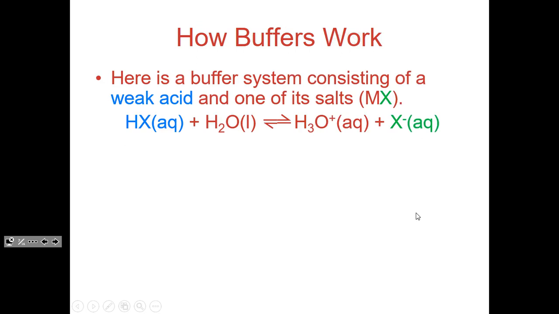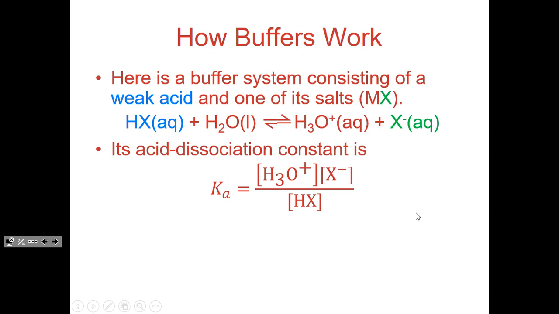Now, understanding buffer systems and how to calculate their pH and what pH they protect, you really need to get into the equilibrium math. So let's go back to our general equation here for the buffer system of a weak acid HX in water. And after the addition of a salt that contains X minus, we now have a significant quantity of each. We have a buffer system.